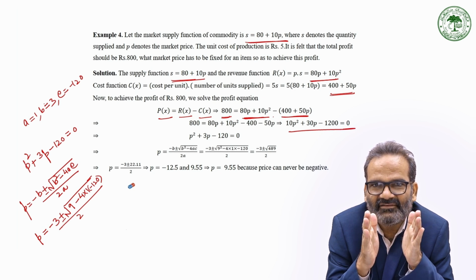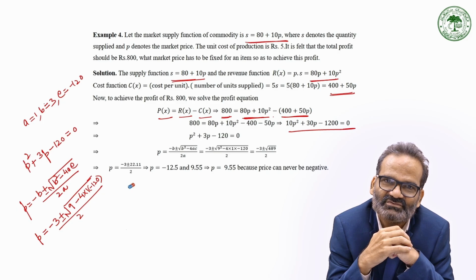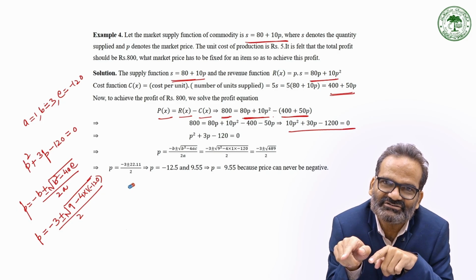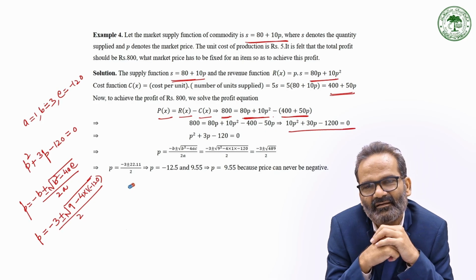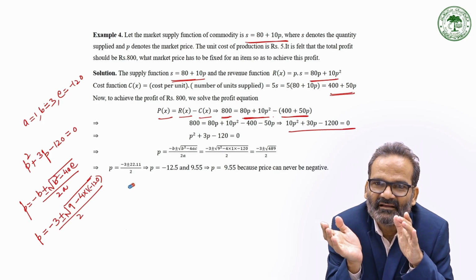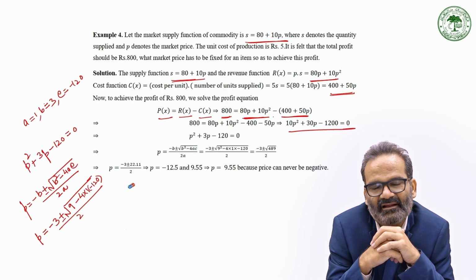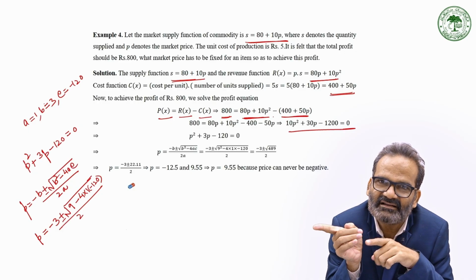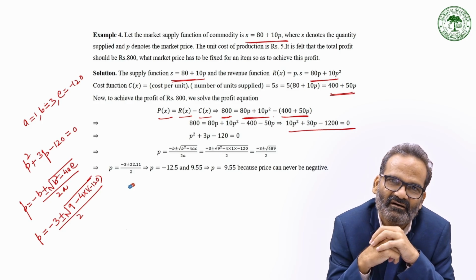If second derivative becomes negative, means less than 0, then that stationary point will be considered as a point of maximum. And on the other hand, if the second derivative becomes positive, that is greater than 0, then that stationary point will be considered as point of minimum, right?